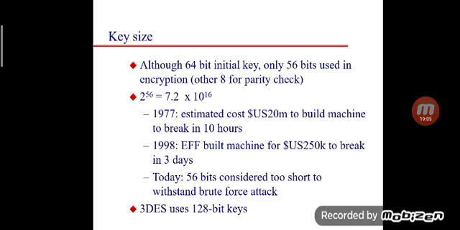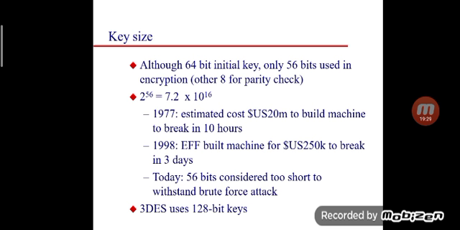Now, how can we consider the key size in the DES algorithm? Basically we use a 64-bit input to the DES algorithm. If the initial key is 64 bits, 8 bits are for parity checking.